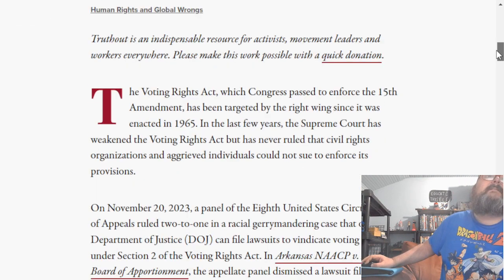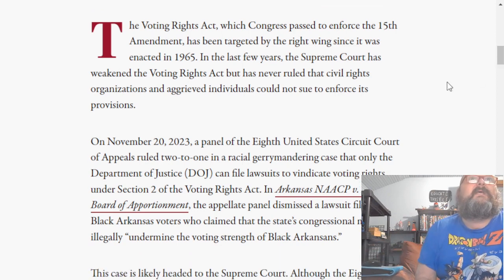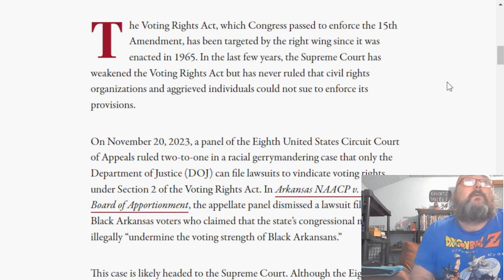The Voting Rights Act, which Congress passed to enforce the 15th Amendment, has been targeted by the right wing since it was enacted in 1965. In the last few years, the Supreme Court has weakened the Voting Rights Act, but it has never ruled that civil rights organizations or aggrieved individuals could not sue to enforce its provisions.